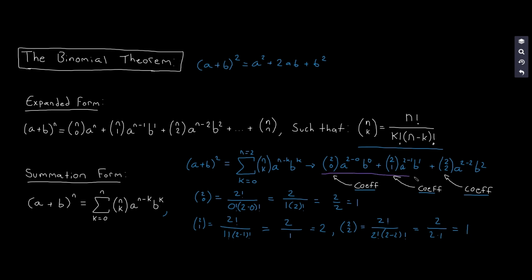So now we're just going to take this and fill in what we found our coefficients out to be. Well, the coefficient for 2 choose 0 is 1. That means that we're going to have 1 times a raised to the power of 2 minus 0, which is just a squared, times b raised to the power of 0, which is just going to be 1, plus 2 choose 1.